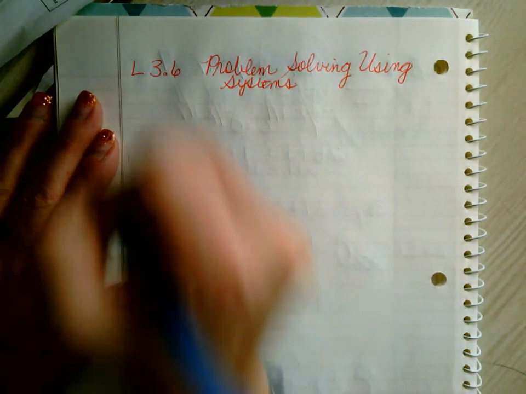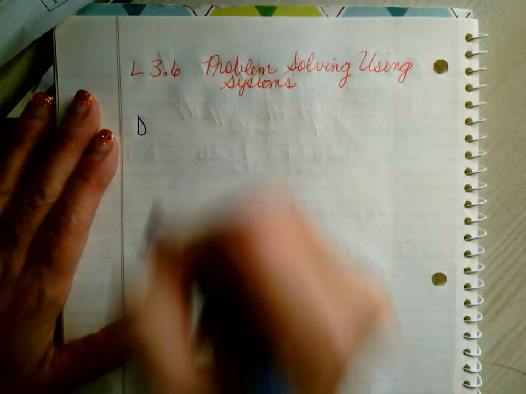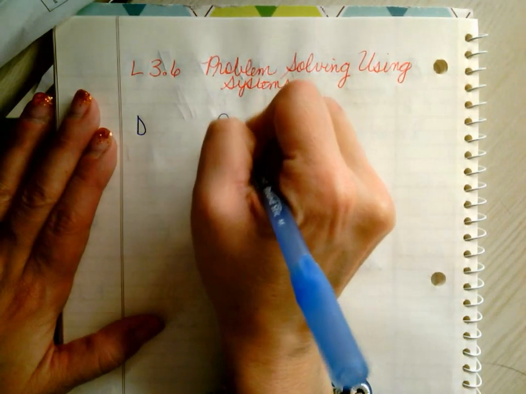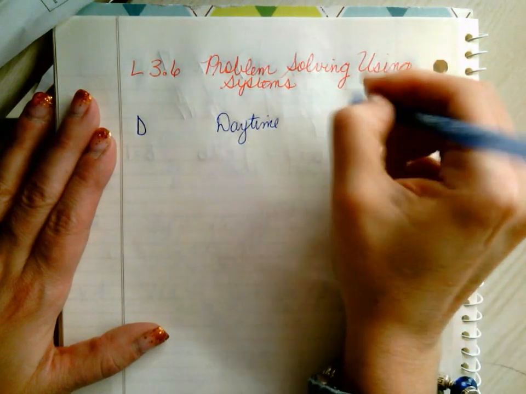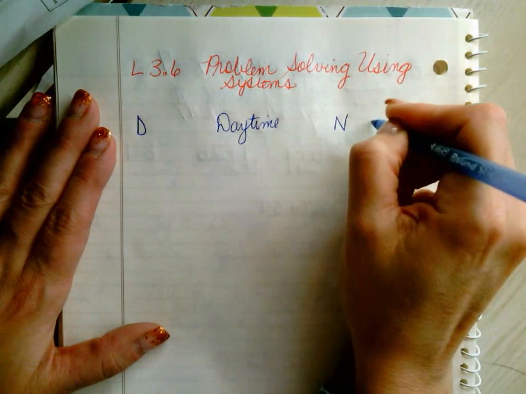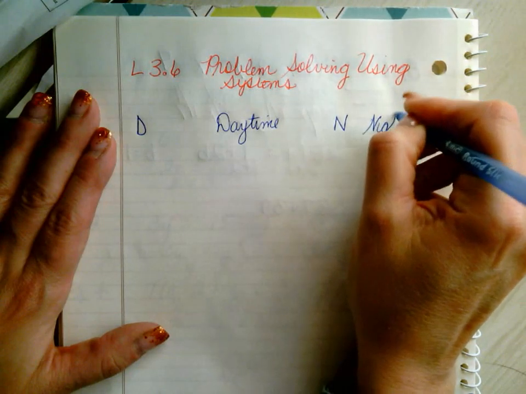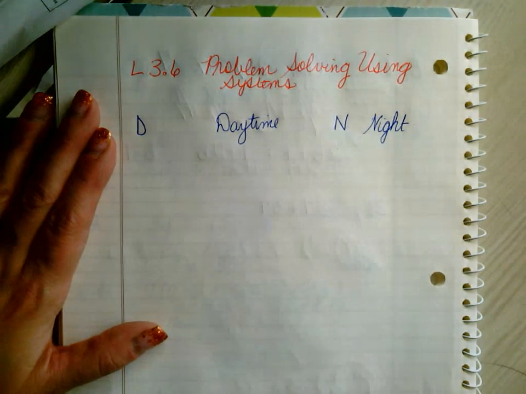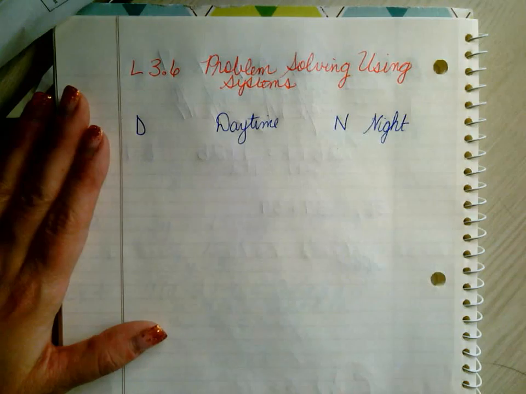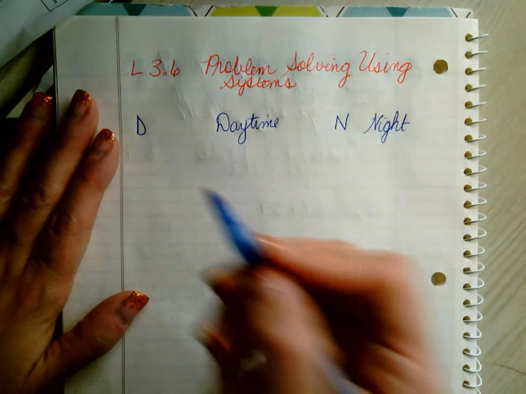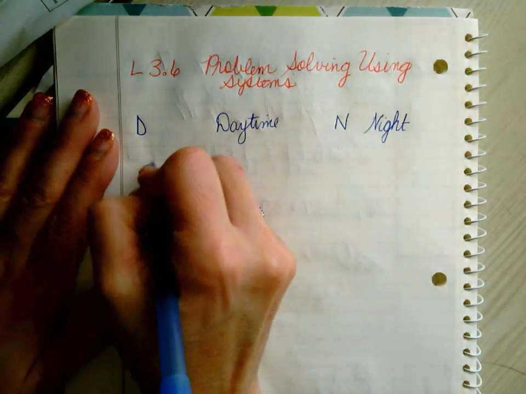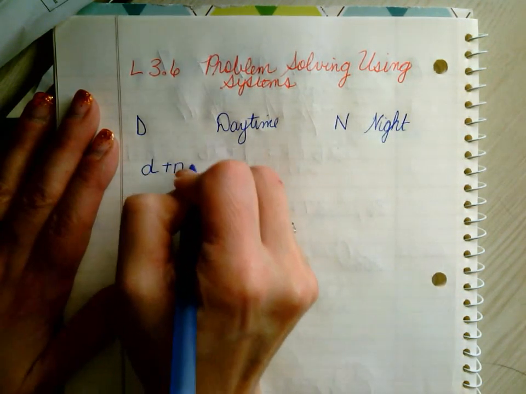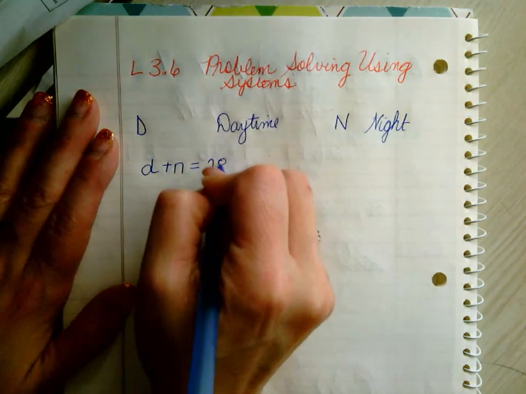So daytime hours and nighttime hours. I'm going to use what they're using as well. Okay, and they're charged at a different rate. So we know that the total hours that he was charged, day and night, equals 28, right?